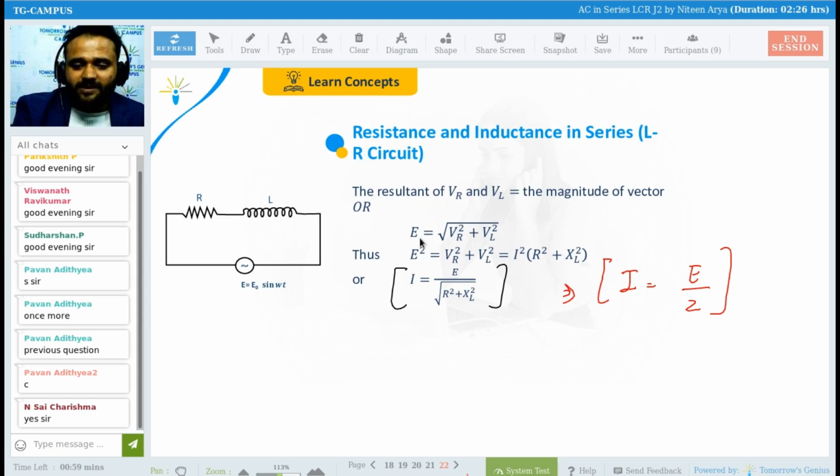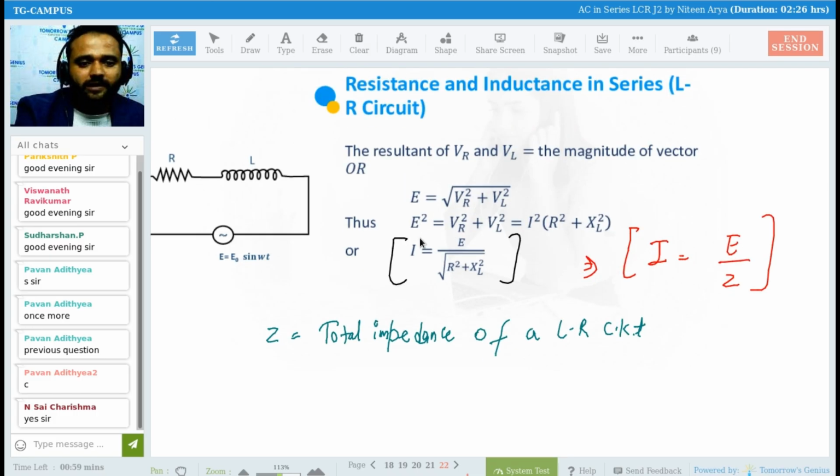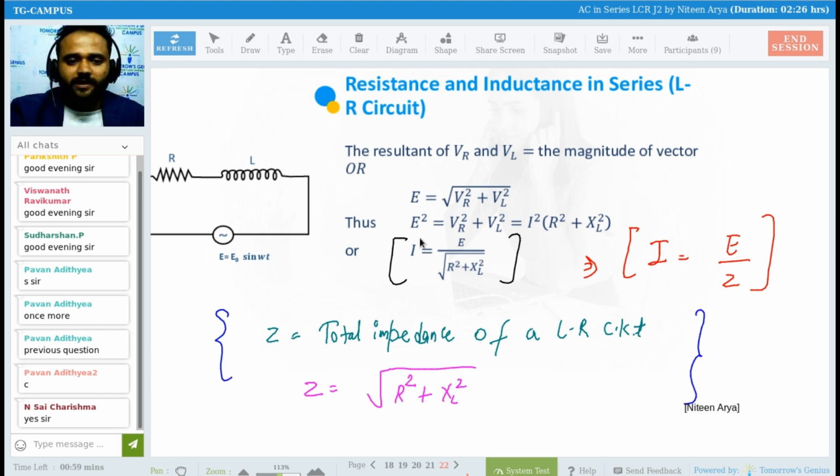So Z, which is the total impedance of an LR circuit, is under root of R square plus XL square. Is this clear, everyone? I don't think it is going to be problematic for anyone. Clear now?